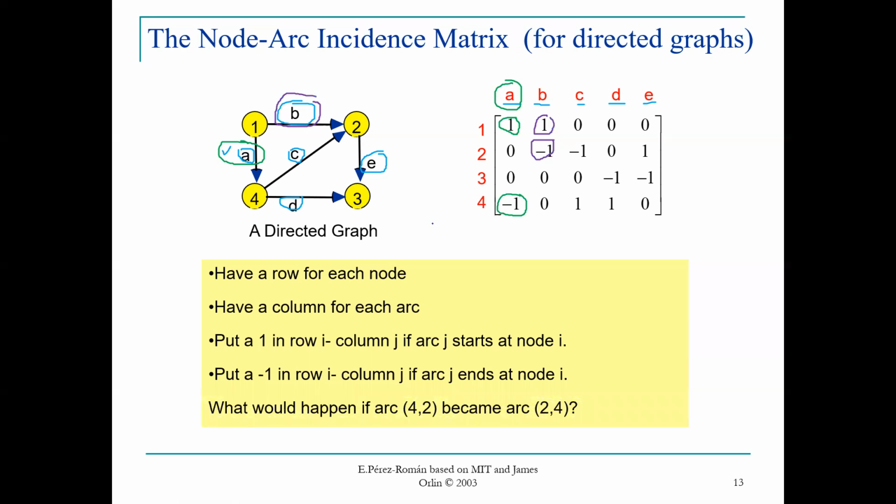So again, the question: what will happen if arc 42 became arc 24? So instead of having this, we have this. What will happen if that's the case? Then we will switch the direction of this. If you look at arc C, it's saying that it starts in 4 and ends here.